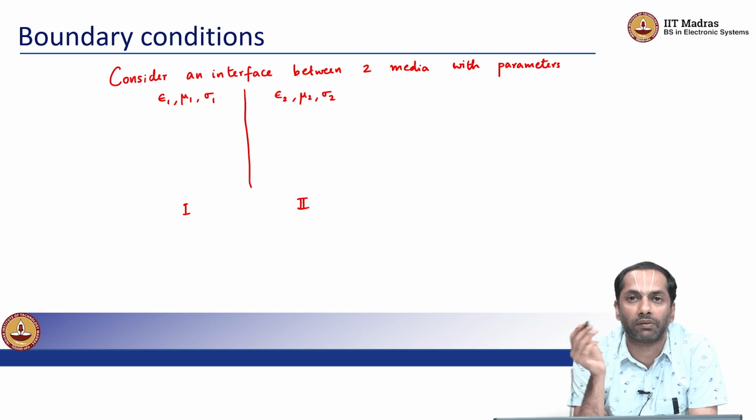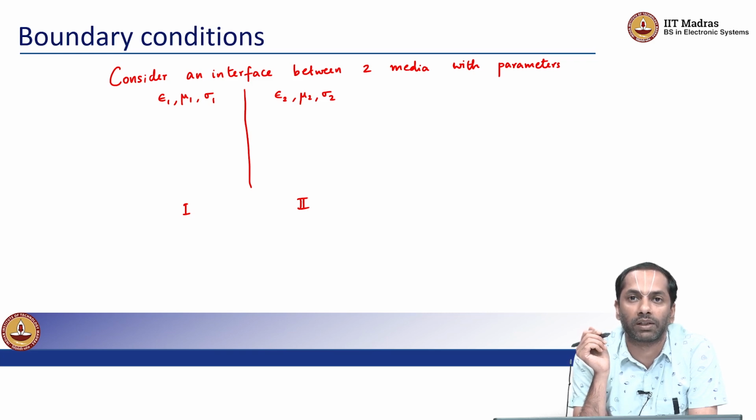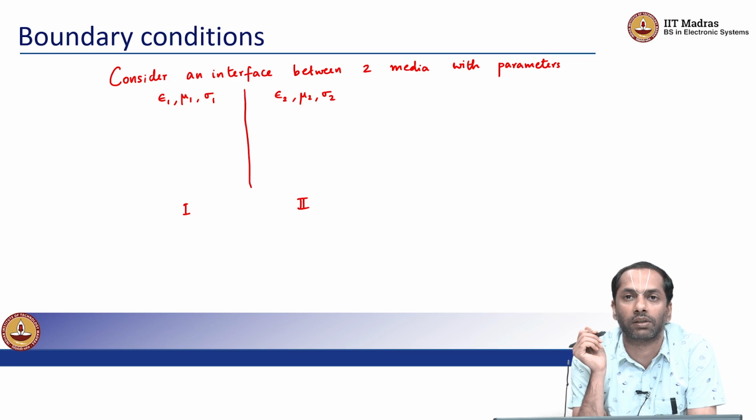So, I can have electric fields and magnetic fields on either side pervading, but we would like to know what is the condition that they have to meet at the boundary. And we cannot use the point form of the Maxwell's equations at the boundary, because the gradients or divergences and curls are not defined at the boundary, because the parameters epsilon 1 and epsilon 2 could be different.